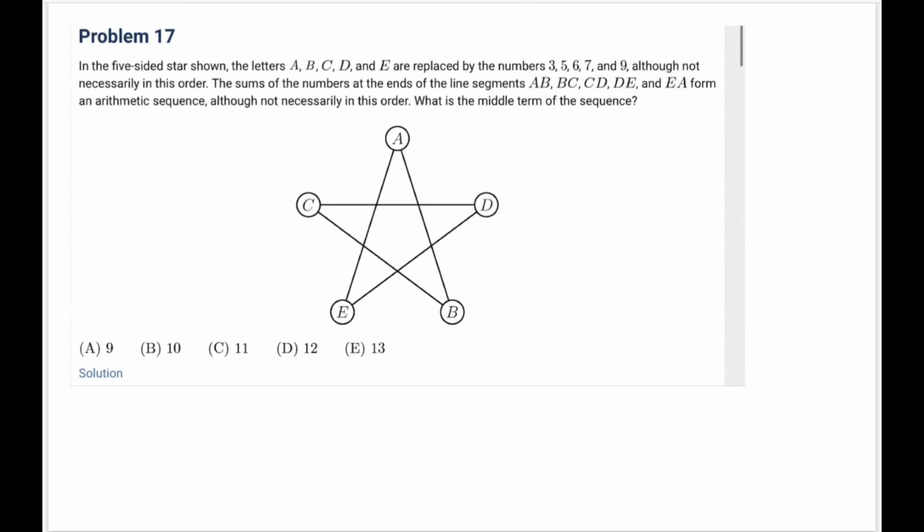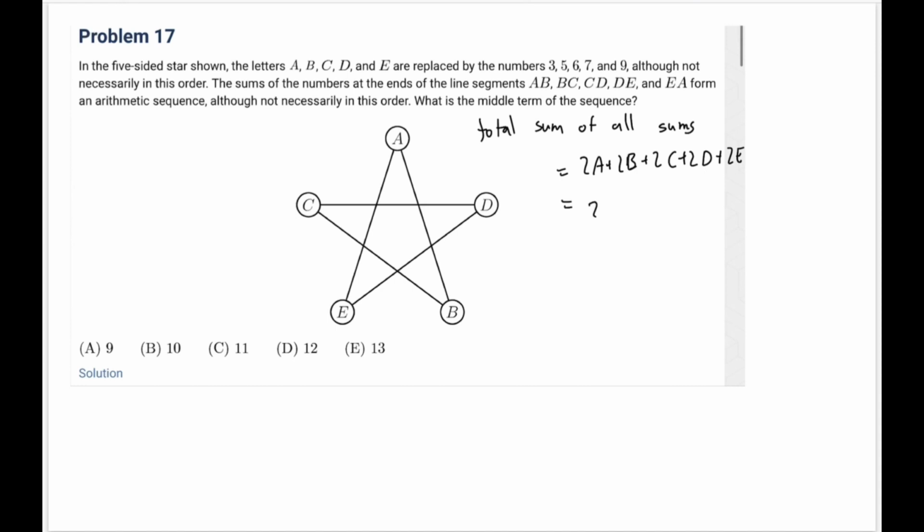let's just put the numbers on each vertex as they are. Let's say that the number in A is just A, B, C, D, E, like that. So the total sum of all the sums would be 2a plus 2b plus 2c plus 2d plus 2e, right?